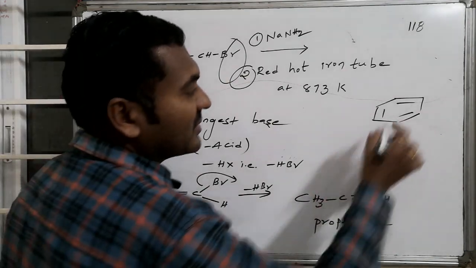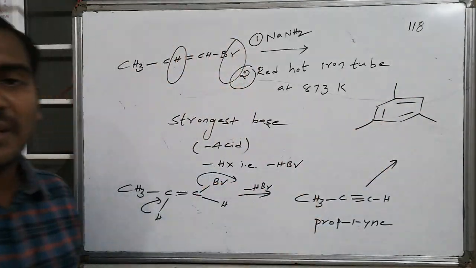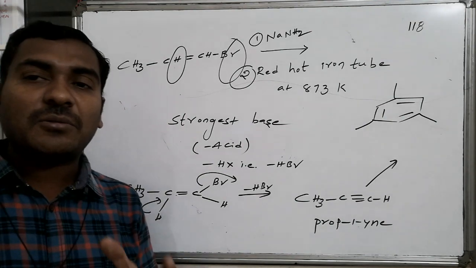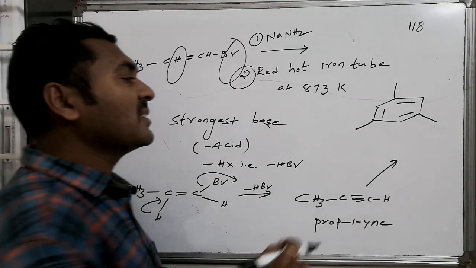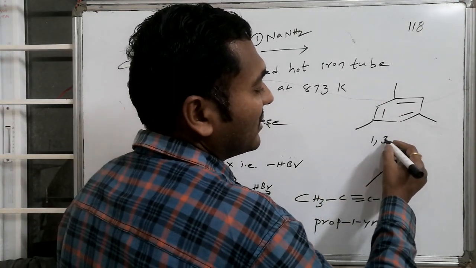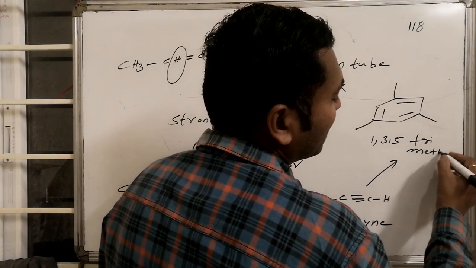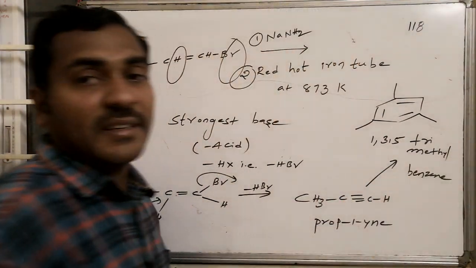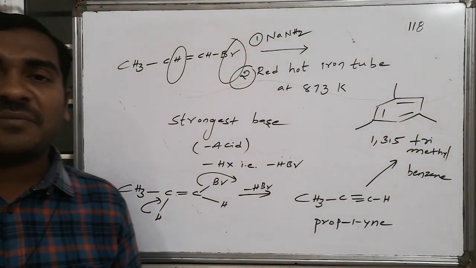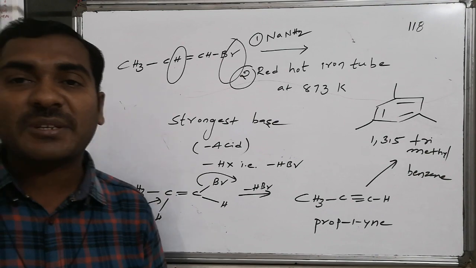In the first unit there is a methyl, in the second unit there is a methyl, in the third unit there is a methyl. A proper symmetric way of combination takes place. This is known as 1,3,5-trimethylbenzene, which is also known as mesitylene.